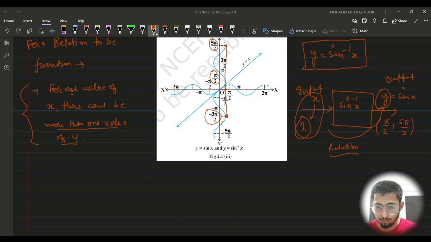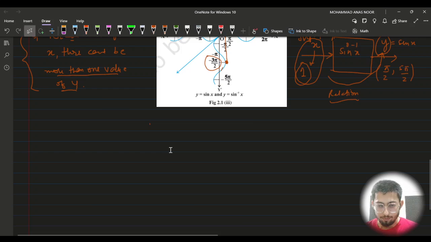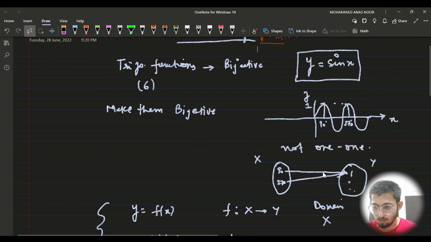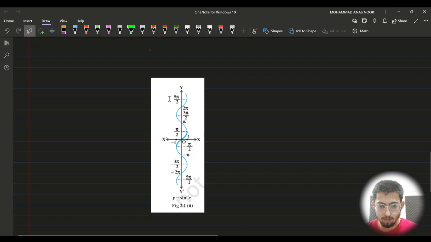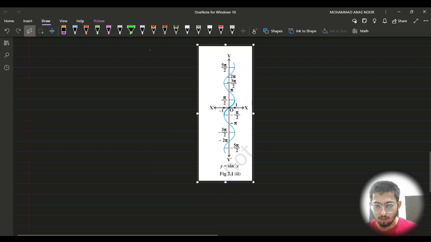In the book it is written that for the sine function, if we restrict the domain to minus pi by 2 to pi by 2, see, the x value is translating in the form of an angle because this is the inverse function.